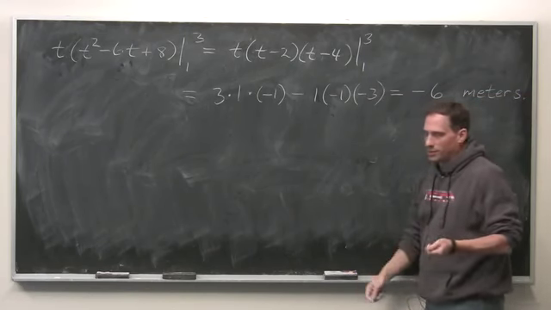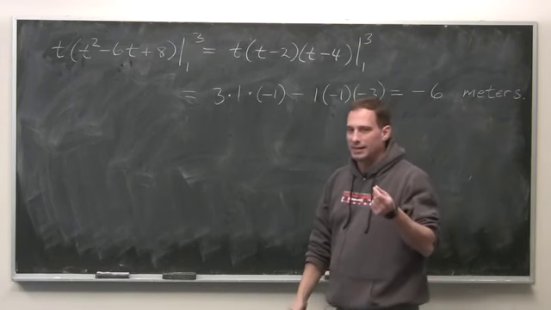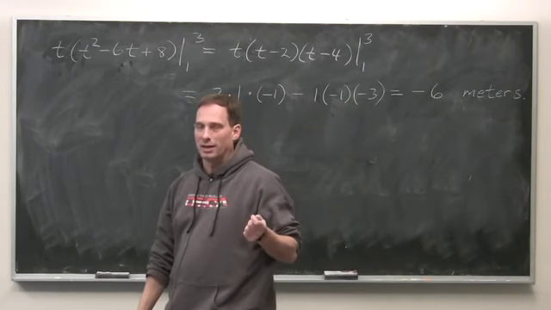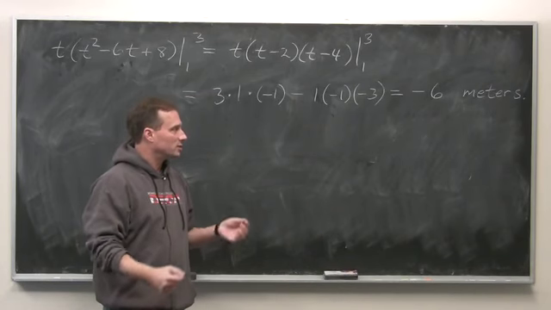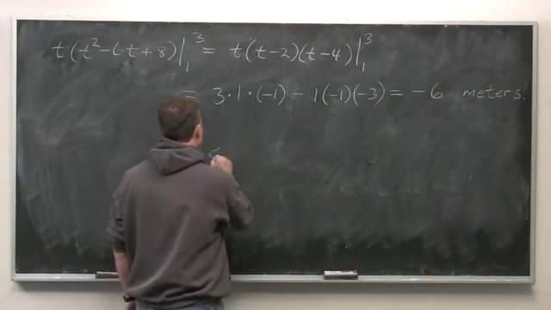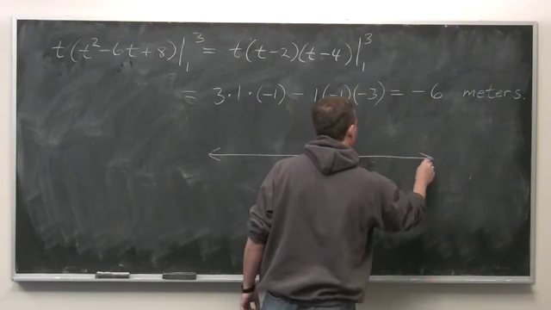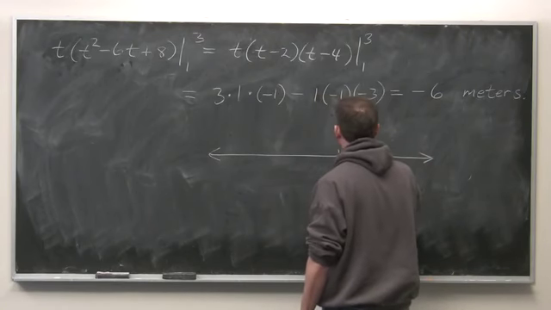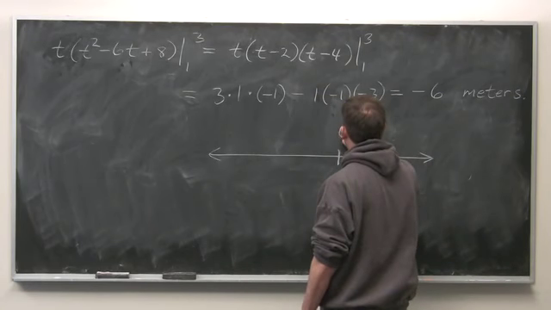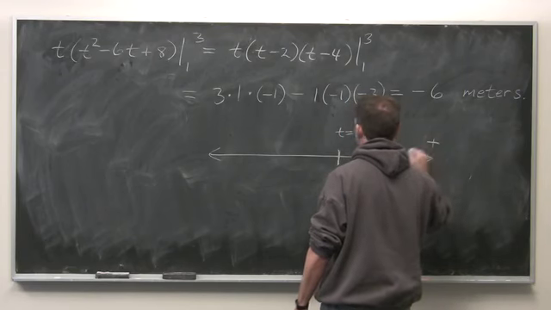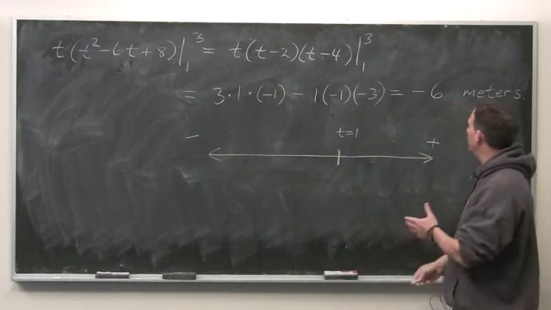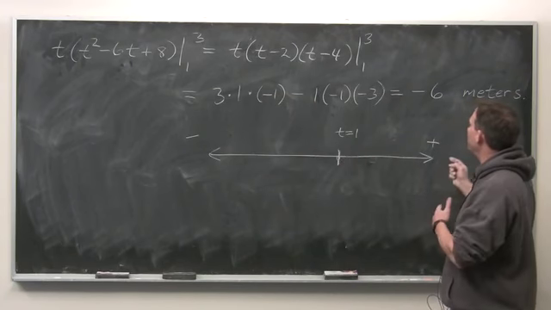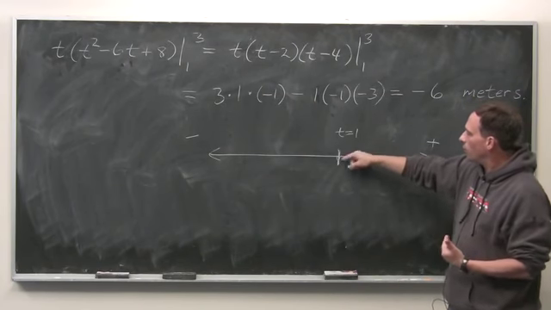Understand what the minus sign means. This isn't distance traveled. We'll get to that in a minute. This is the displacement, minus 6. What it means is you had a positive direction and a negative direction. And wherever you started at time 1, so here you are at time 1, this is the positive direction, this is the negative direction. At time 3, you ended up minus 6 units away from this.